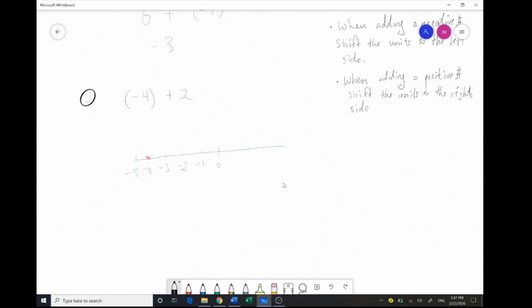So when I add a positive number, I have to shift the units to the right side. In this case, I am adding 2 to -4, so I'll move 2 units to the right. Which means -4 plus 2 will give you -2.